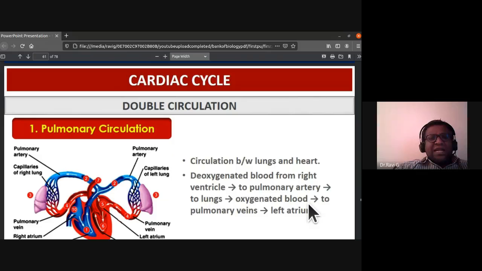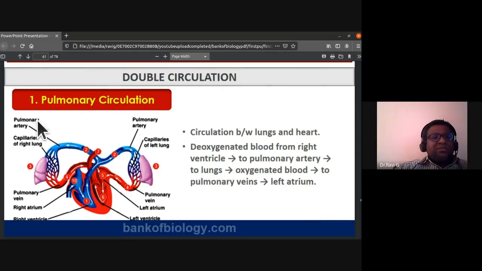Let us understand the pulmonary circulation and its pathway. It involves circulation between lungs and heart, which are very nearby.